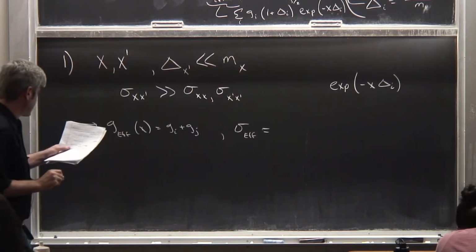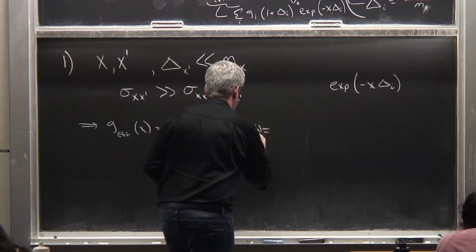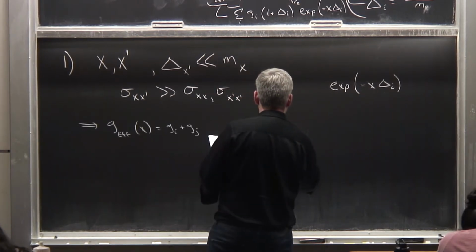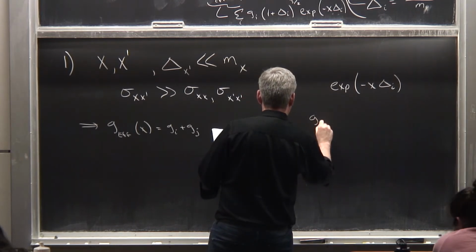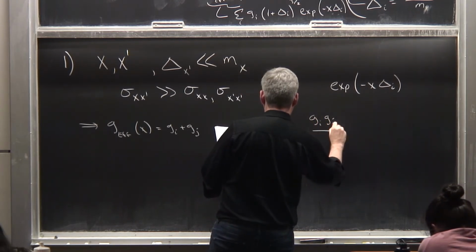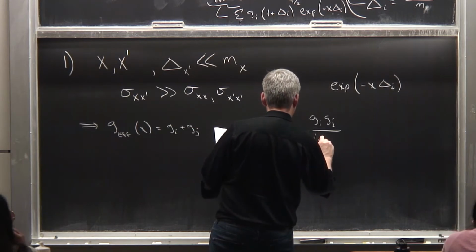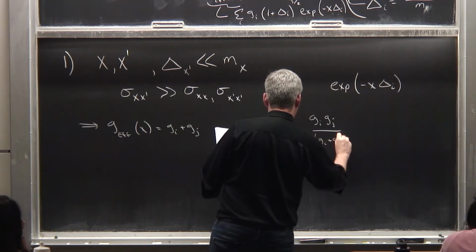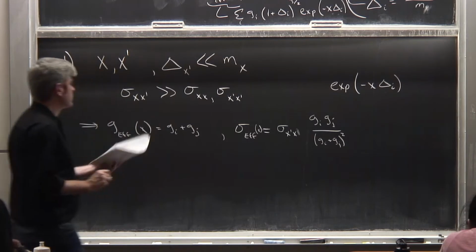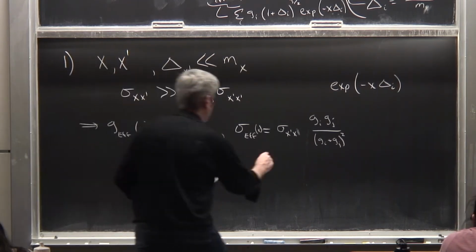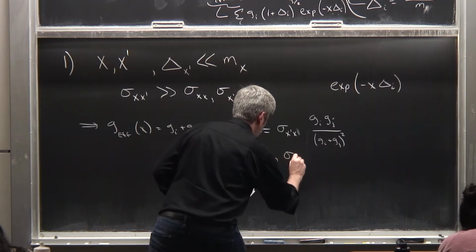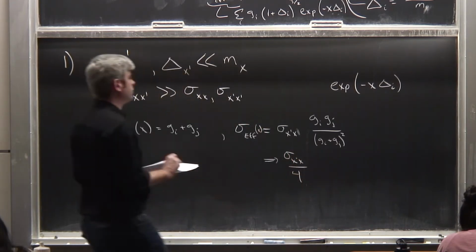And the effective cross-section reduces to the co-annihilation cross-section times the following ratio of degrees of freedom. If g_i and g_j are the same, this works out to about a fourth, and we have the co-annihilation cross-section over 4.